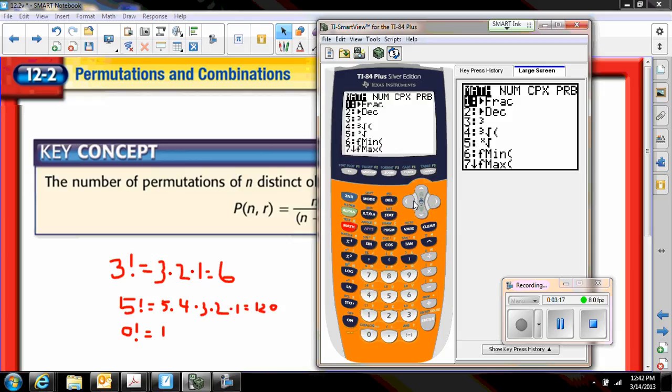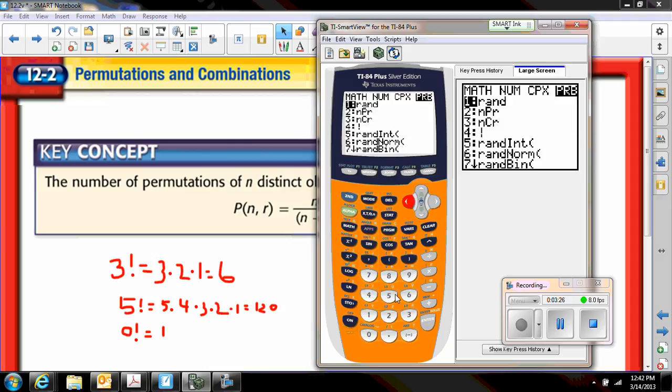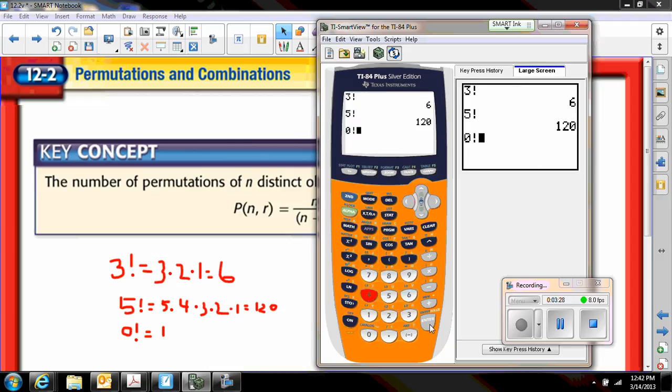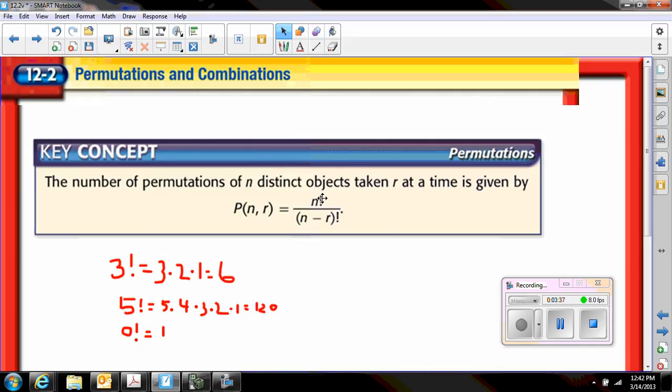Let's try 5 factorial, 120, and one more, just to show you that I'm not crazy, 0 factorial is 1. And there you go. So that's the factorial. Factorial is used in our permutation formula.